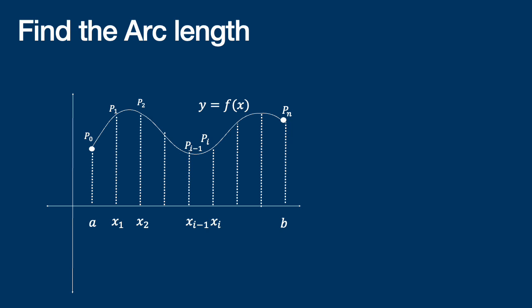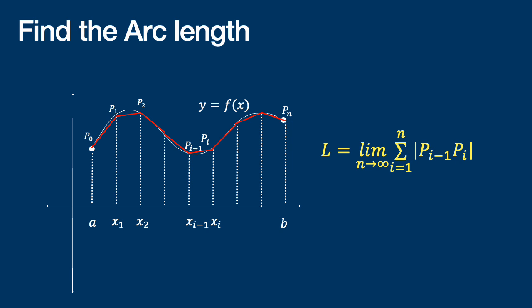So I put a few points along the curve and connected them with tiny segments. Let's say P0 and P1. See that? A tiny line segment between each pair of points. Each segment can be measured using the distance formula, which comes from the Pythagorean theorem.